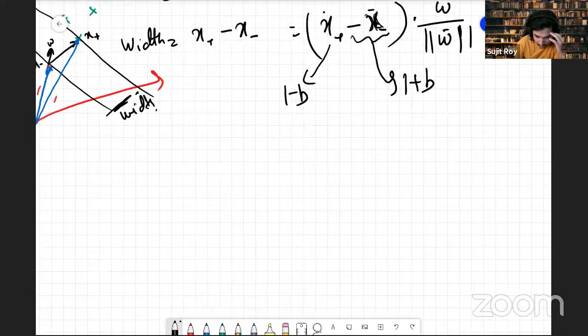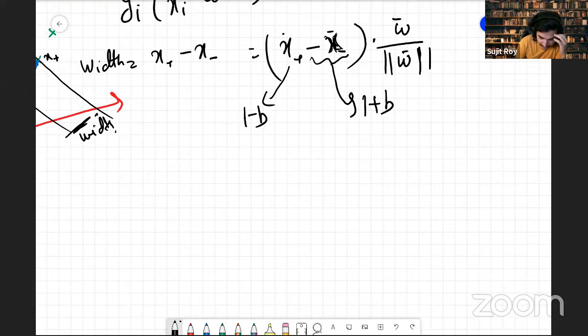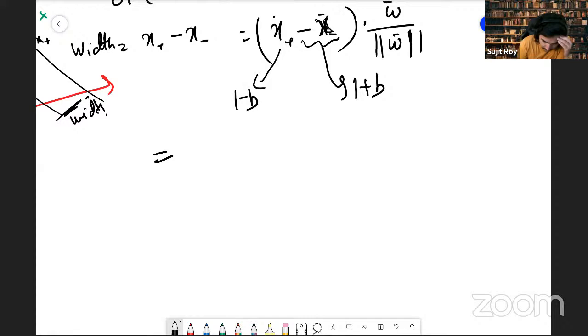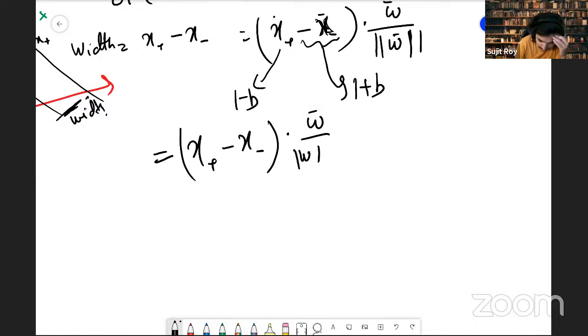So now when I try to analyze it again, this whole thing can be written as x positive minus x negative, dot product with w over the magnitude of w, which can be written as 2 by the magnitude of w. So this will become the width of the street.